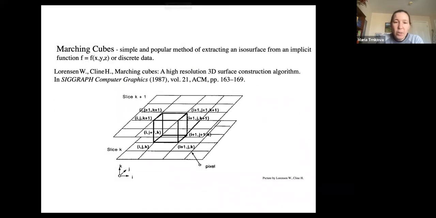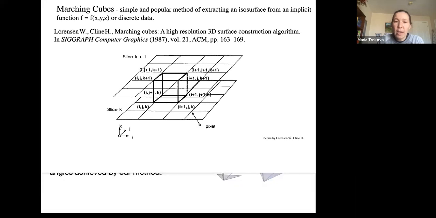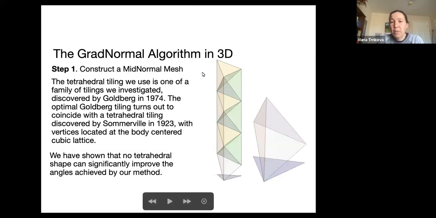The idea that we used was not super new, but it was very similar to Marching Cubes. If you've ever heard about Marching Cubes, it's one of the famous algorithms. It's based on cubulating the whole space and then seeing how the surface intersects these cubes. Our idea was a little bit different. We used tetrahedra to divide the whole space.